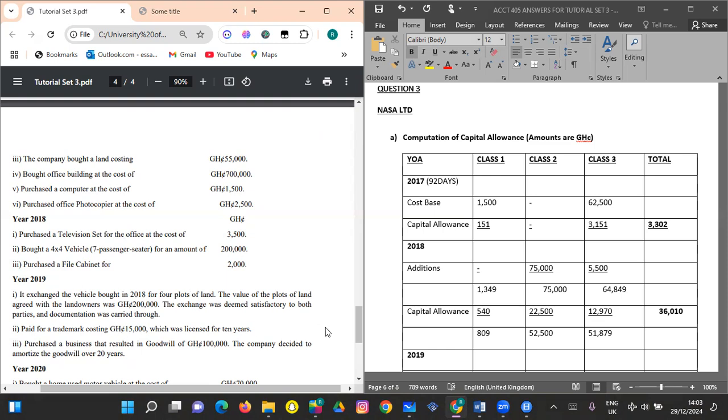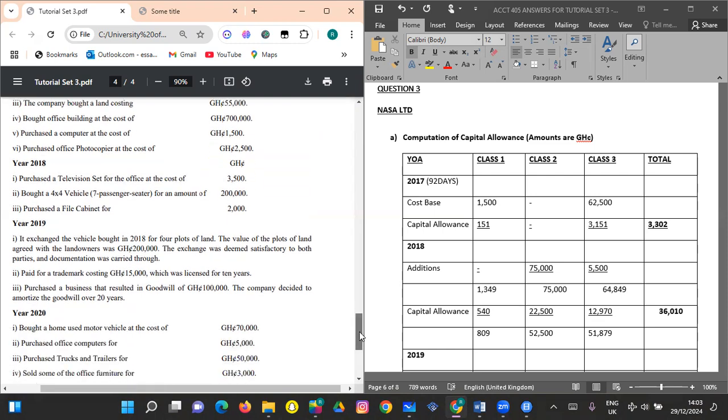And in 2019, it exchanged the vehicle bought in 2018 for 4 plots of land. The value of the plot of land agreed with the land owners was 200,000. The exchange was deemed satisfactory to both parties and documentation was carried through.